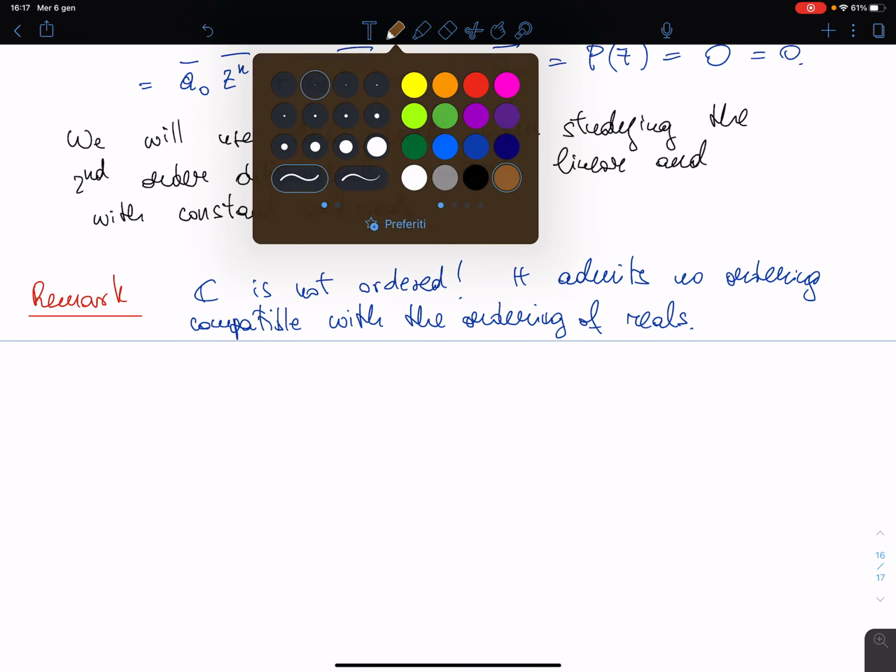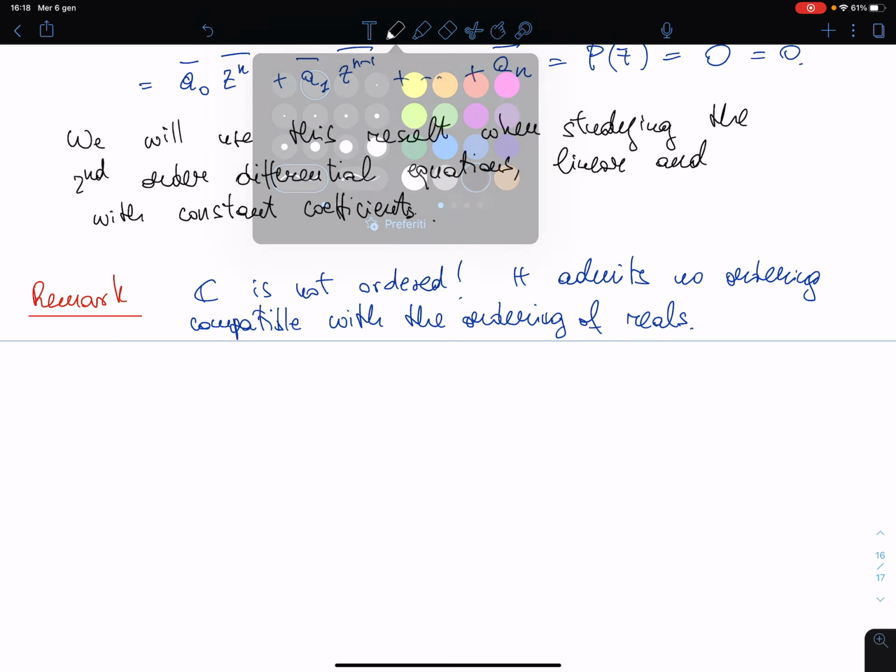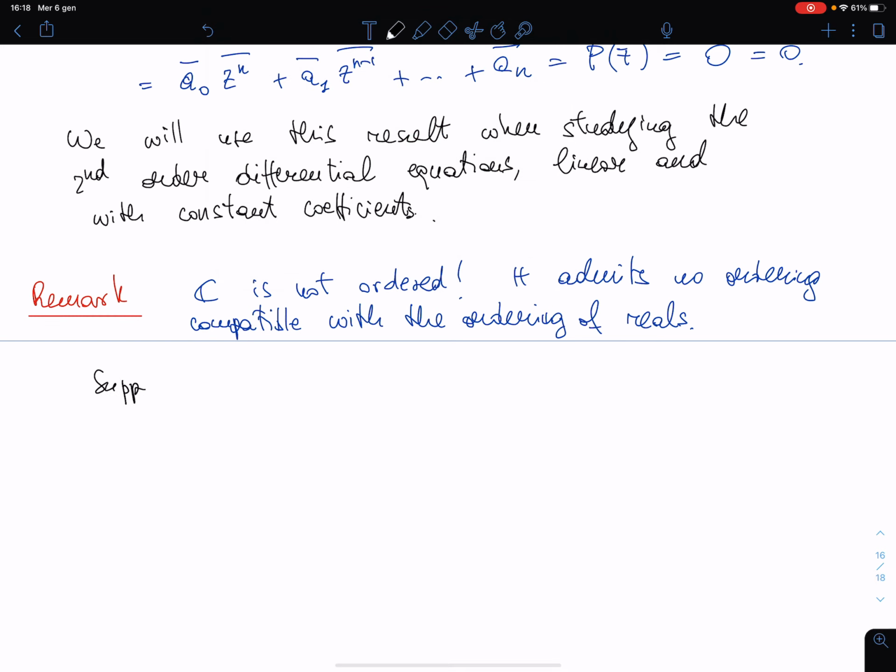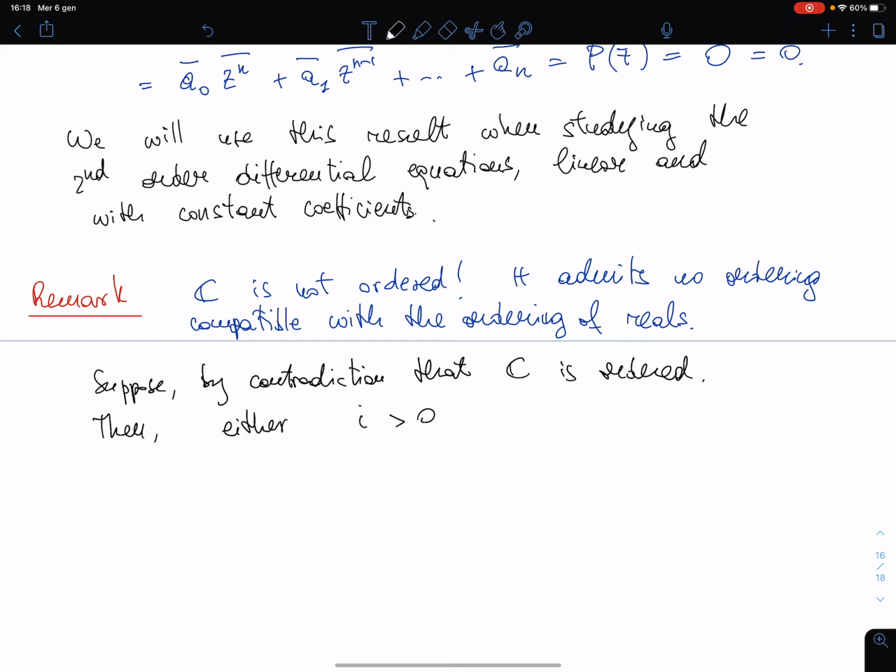Suppose by contradiction that C is ordered compatibly with the reals, then either I is positive or I is negative.